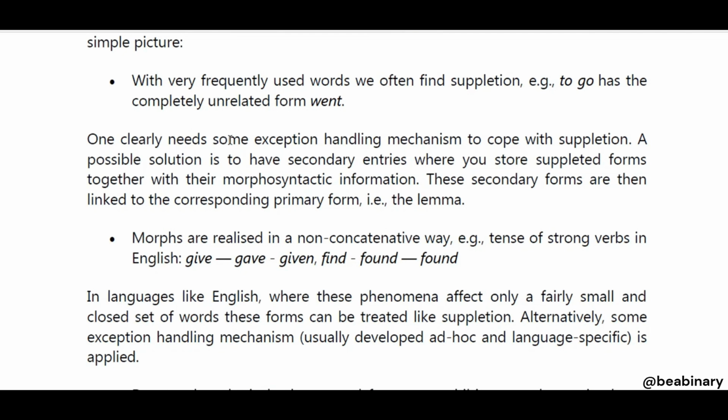So one clearly needs some exception handling mechanism to cope with suppletion, and a possible solution is to have secondary entries where you store the suppleted forms together with the morphosyntactic information. तो यहाँ पे आपका जो secondary form, then we have to link it with the corresponding primary form, that lemma.